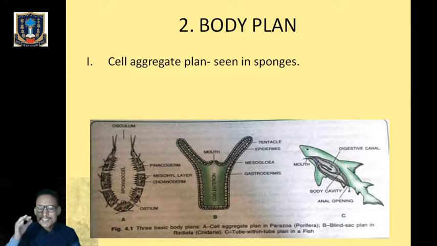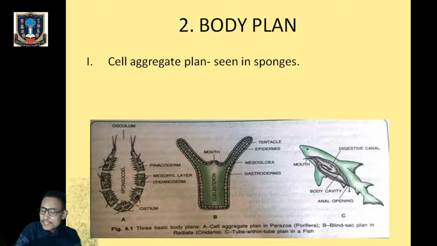Certain cells are differentiated to perform specific functions, but the cells do not form tissues. Clear? So they are not organized to form a tissue like in the tissue level of organization. There is also no nervous connection between the cells. So in sponges, we observe the cell aggregate plan.